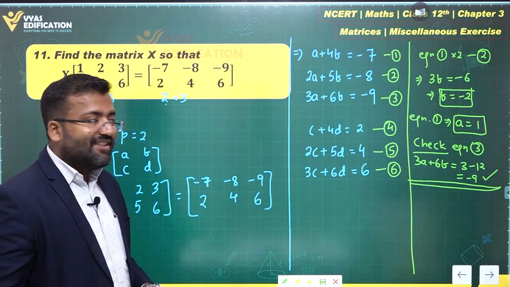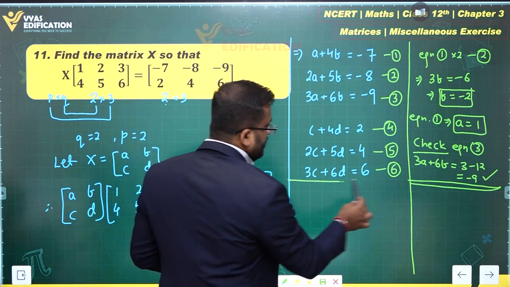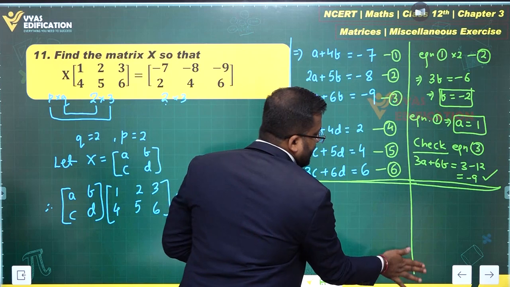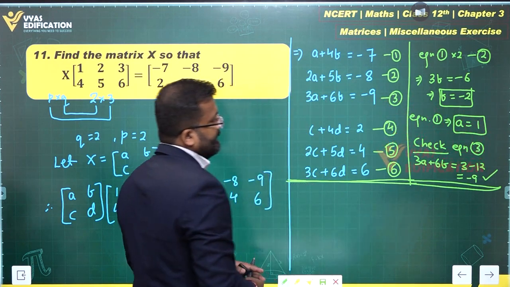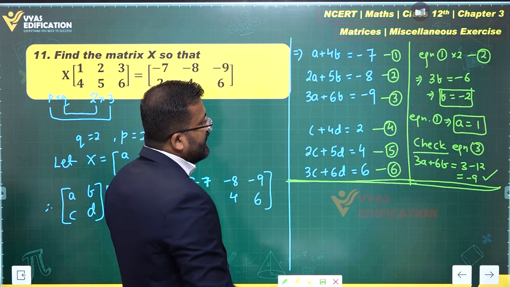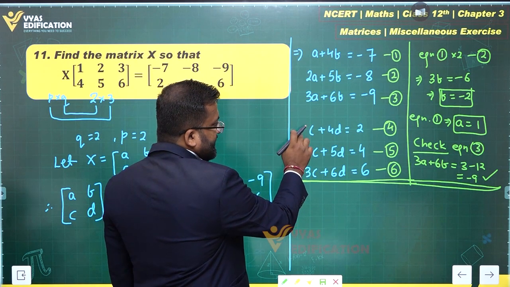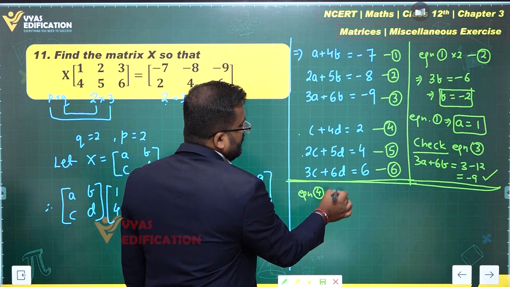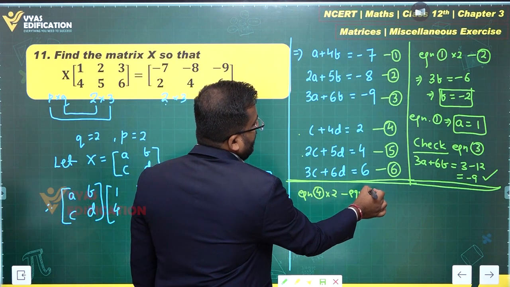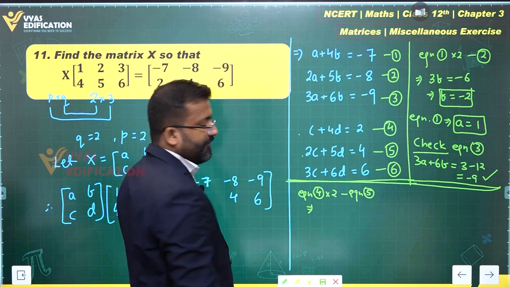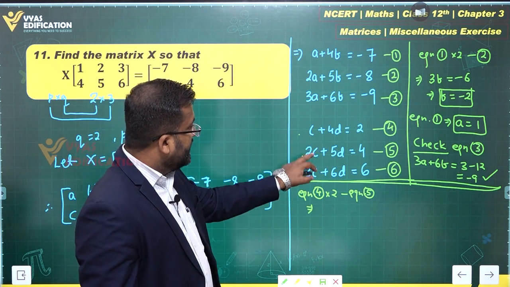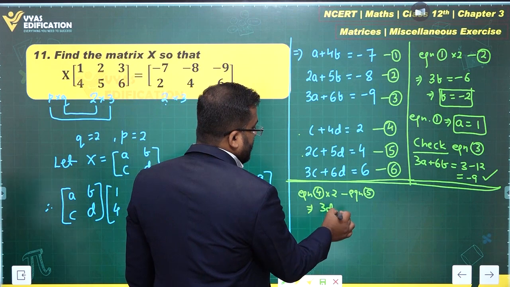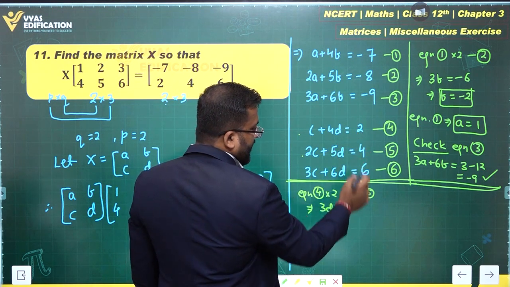So let's get the values of C and D now. Okay. Next part. Next, we solve for C and D. So, once again, let's multiply this by 2 and subtract over here. Equation 4 times 2 minus equation 5 will give us what? This is 2C, minus 2C will go. 8D minus 5D would be actually equal to 3D, which is equal to 4 minus 4, which is 0.